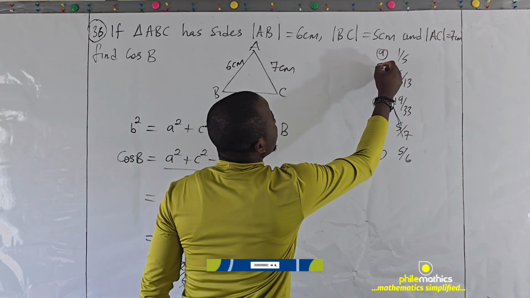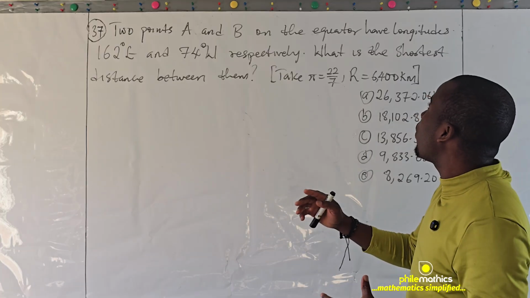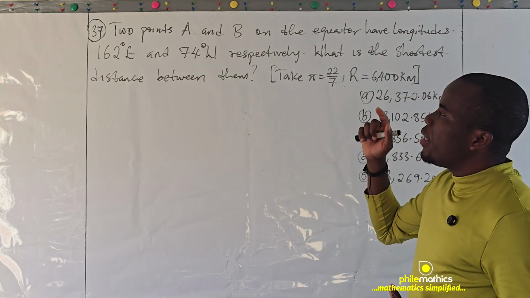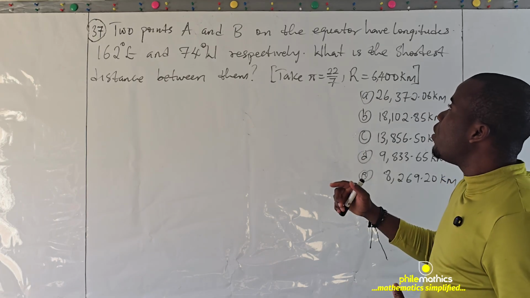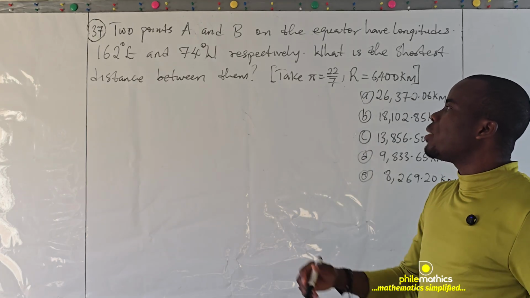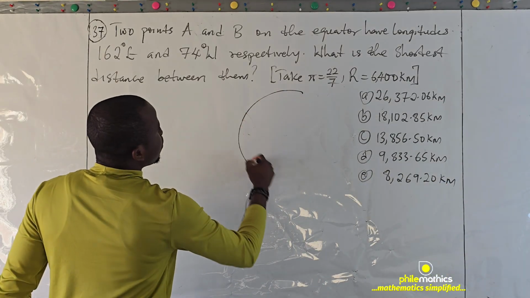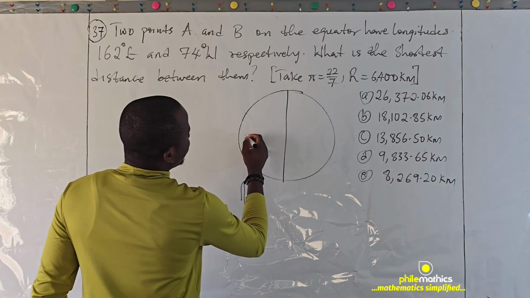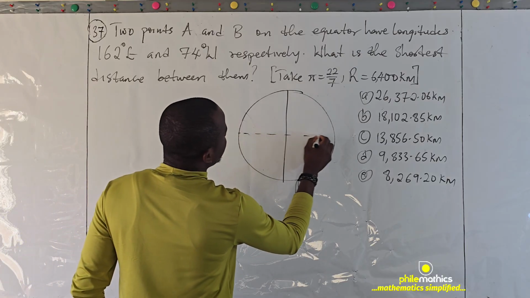So it is A. 2 points, A and B, on the equator have longitude 162 degrees east and 74 degrees west, respectively. What's the shortest distance between them? So if we take a sketch, this is the longitude, the prime meridian, and this is the equator.